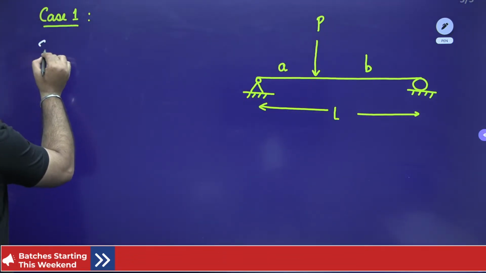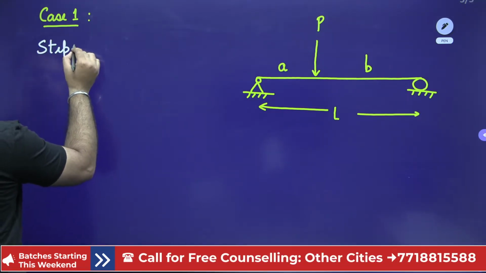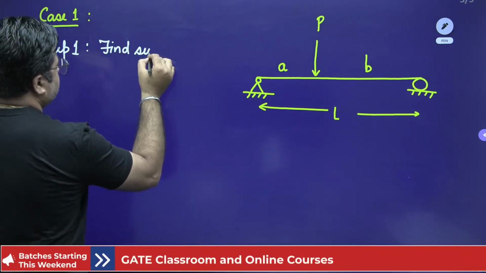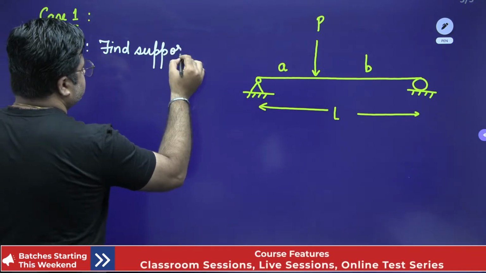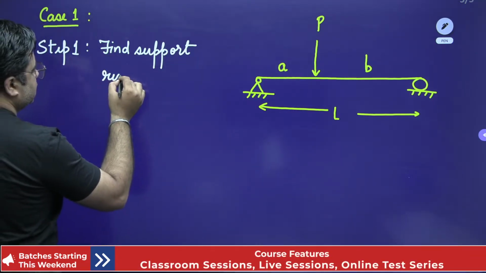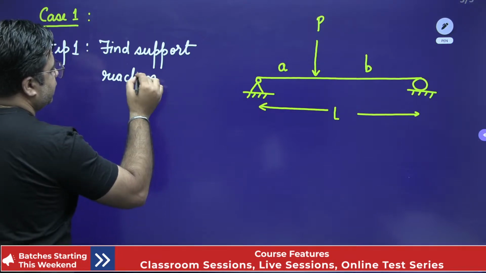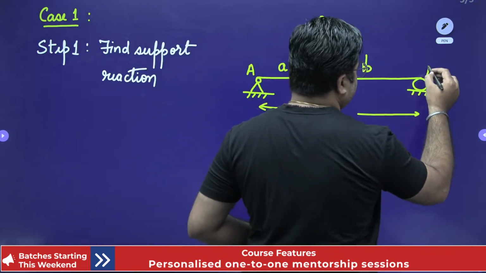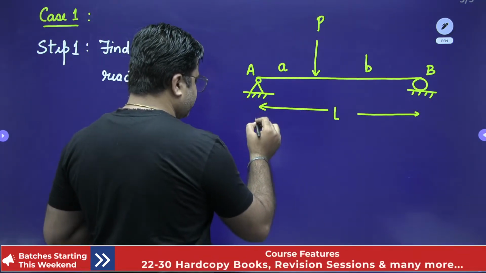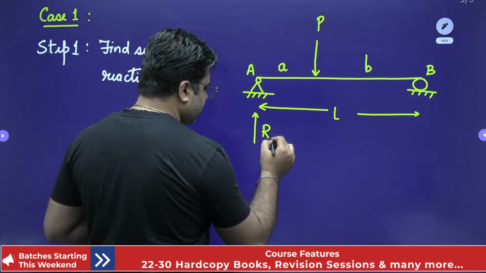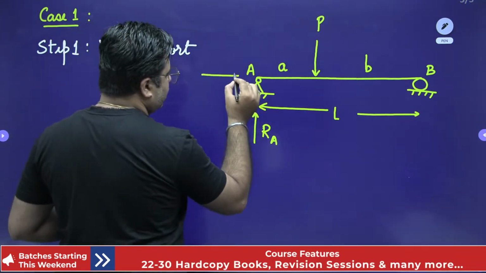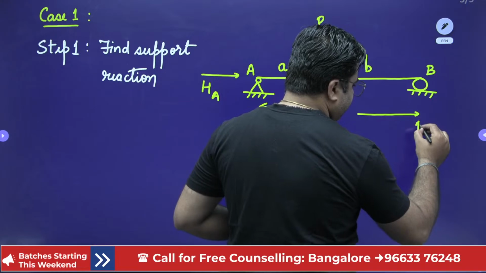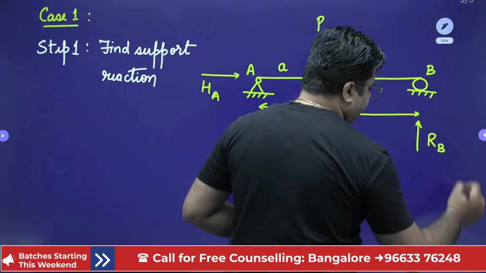Step 1 is to find support reactions. First, I will name this point A and this one point B. For support A, it's a hinge support, so I have a vertical reaction RA and one more, a horizontal reaction HA. And for B, I have one vertical reaction RB.